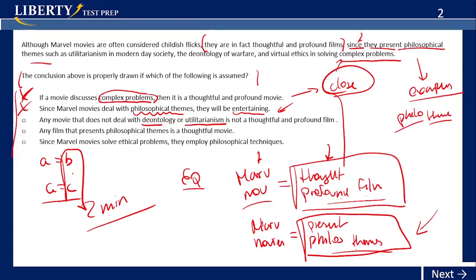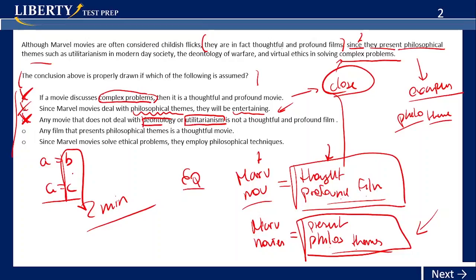It doesn't mean that ontology and utilitarianism are the only types of philosophical themes. So even if the Marvel movies or any other movie doesn't have these two particular themes, they could still talk about some other topics that qualify as philosophical themes. So these examples are not exclusive.